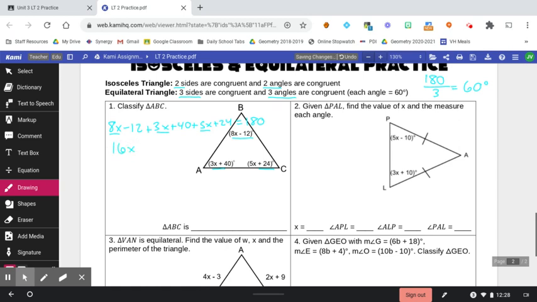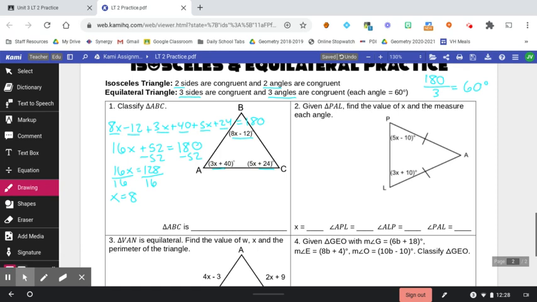Then I also have negative 12 plus 40, that's 28, plus 24 is 52. So I have 16x plus 52 equals 180. I'll subtract 52. 16x equals 128. Divide both sides by 16, and we get 8. So x is equal to 8.